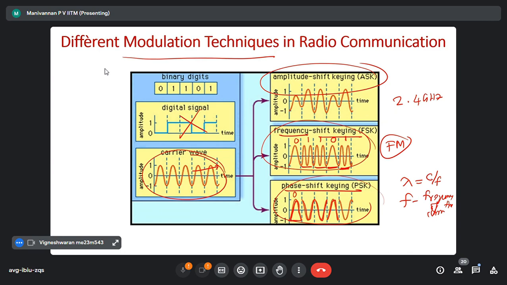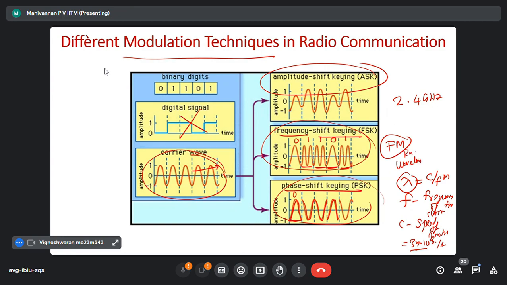C is the speed of light, which is 3 into 10 power 8 meters per second, or 3 lakh kilometer per second. Lambda is in meters.